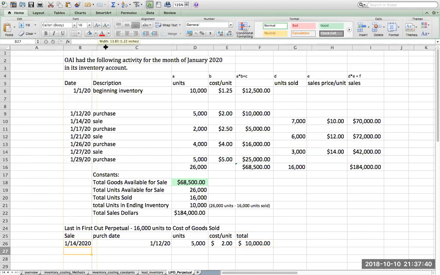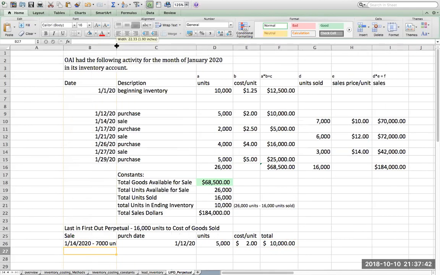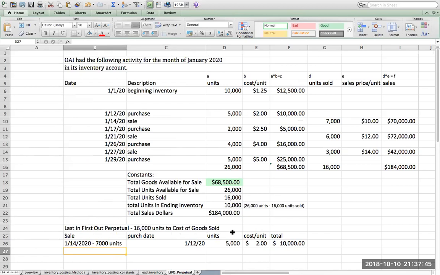So I made a sale on January 14th, 2020, and I sold 7,000 units. What I'm trying to do is figure out how to determine my cost of goods sold. Once I've removed these 5,000 units, are they still around? The answer is no. These are now going down to 0 because I've put them into cost of goods sold.